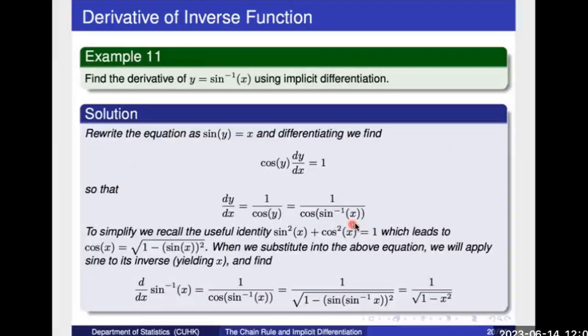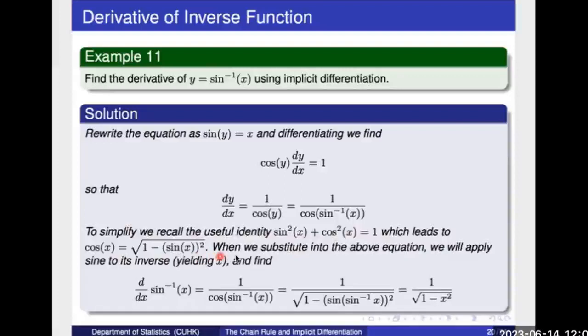To simplify, we recall the useful identity sine squared of x plus cosine squared of x equals 1, which leads to cosine of x equals square root of [1 minus (sine of x) squared].